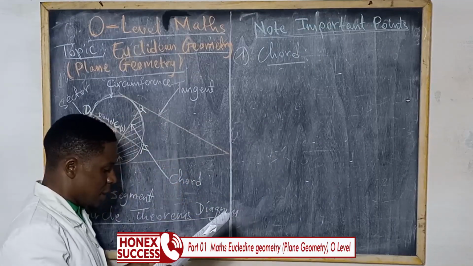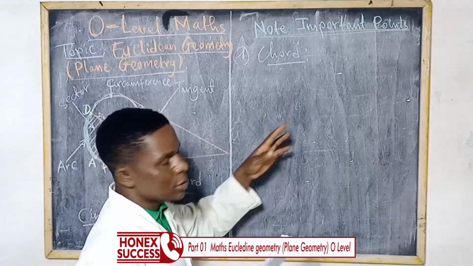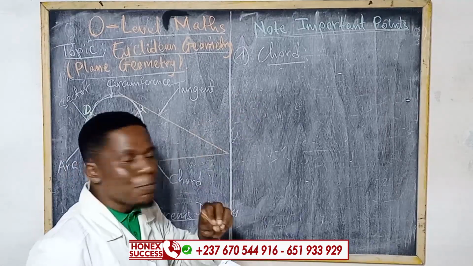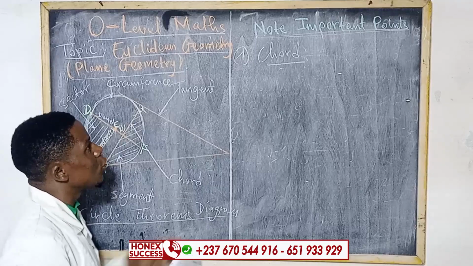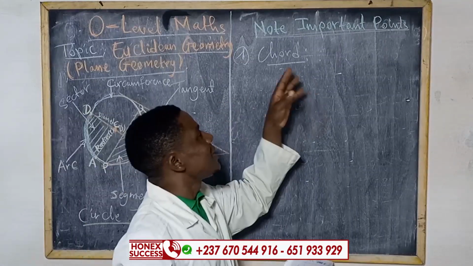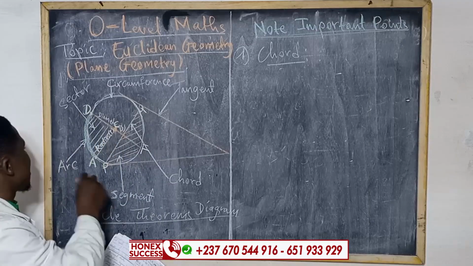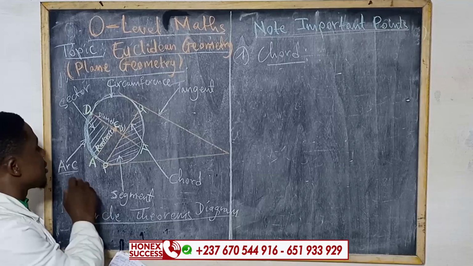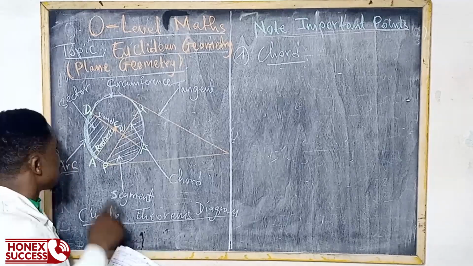A chord is simply a line segment whose endpoints lie on a circular arc, like this.